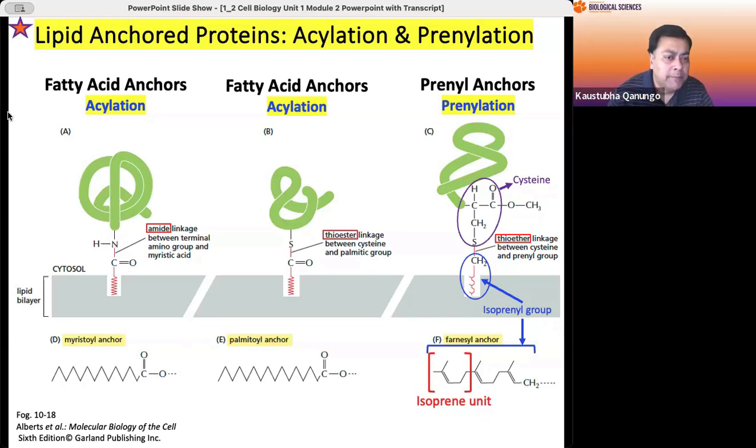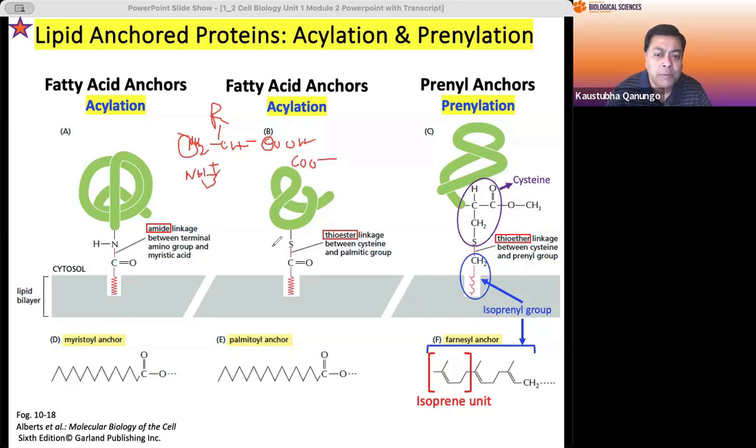So remember from your basic biochemistry that your amino acid starts from NH2, CH, side chain R, and then you have a COOH. So this is your N-terminal, and this is your side group, and your C-terminal will end with this COOH. And again, this can ionize into NH3+, and this can ionize into COO- to form the zwitterion.